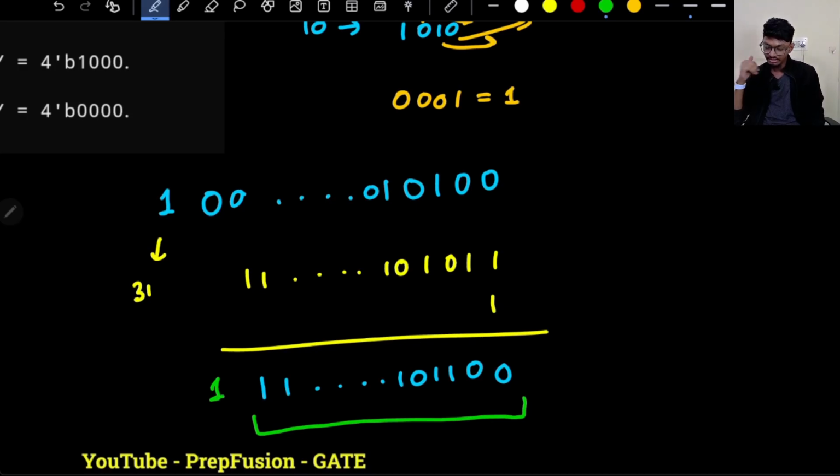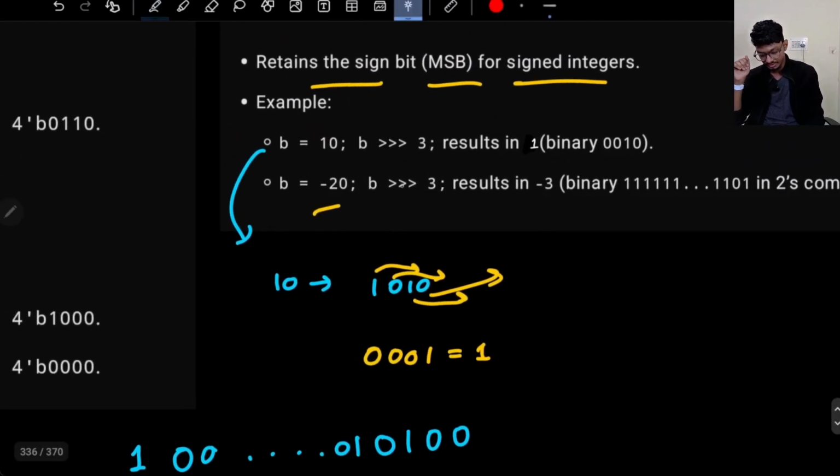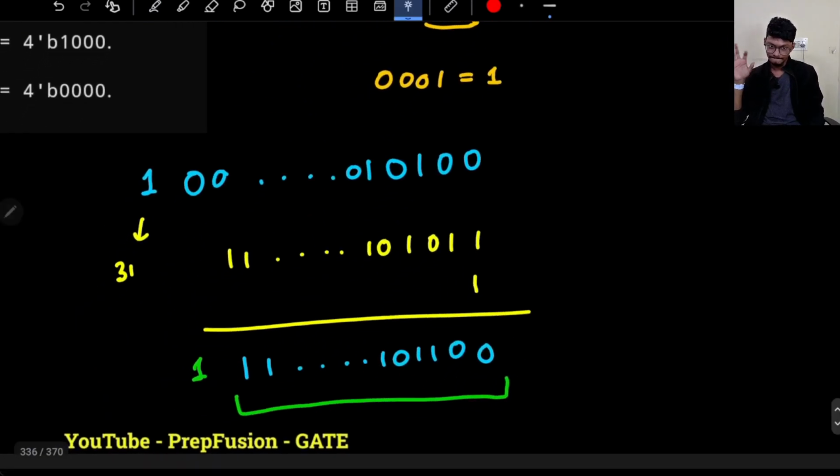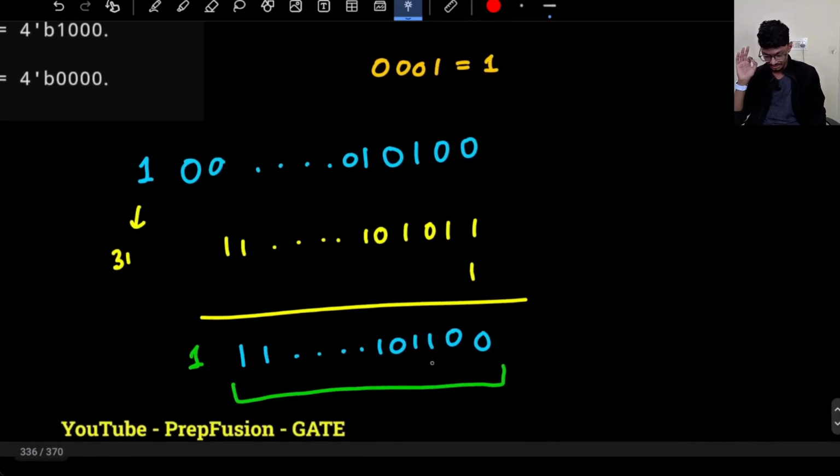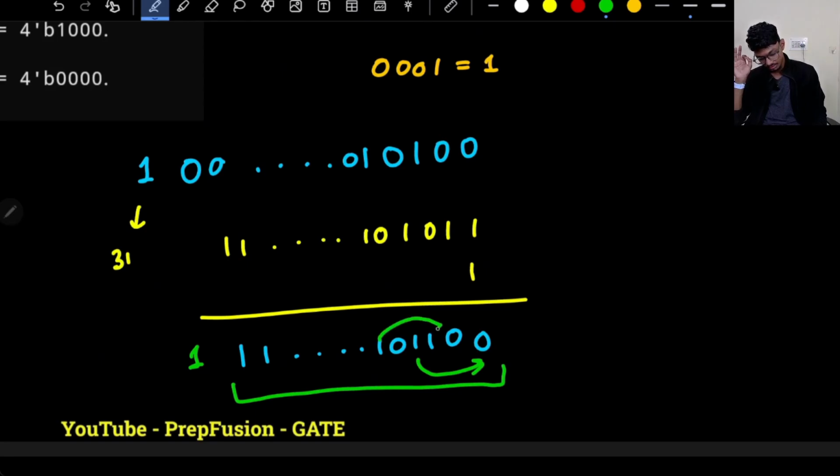Now I have to do arithmetic right shift by 3. So I will do the right shift by 3 now. This one will come here, this one will come here.